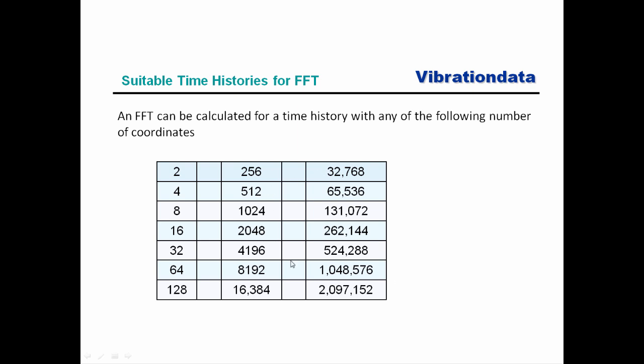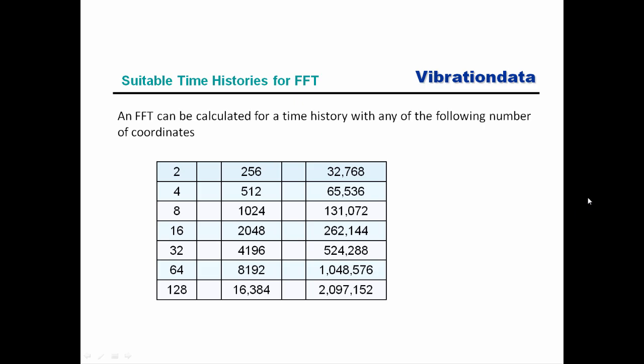So these are the candidate time histories where we can do an FFT exactly, without doing truncation or zero padding. If you write your own signal processing software or MATLAB scripts, or do a lot of data processing and get into the details, this series of numbers will become very familiar to you.